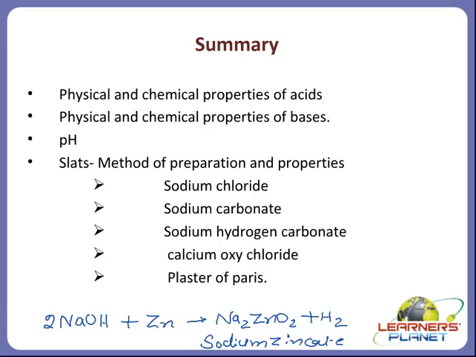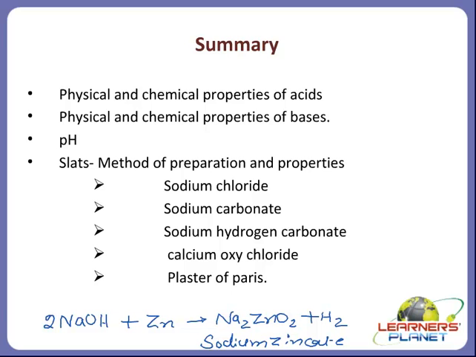Right? Sodium chloride is common salt. Anhydrous sodium carbonate is soda ash, and sodium carbonate decahydrate is washing soda. Sodium hydrogen carbonate is sodium bicarbonate, used in baking powder, so it is also called baking soda. Right, students? Now we discussed calcium oxychloride, a bleaching powder.